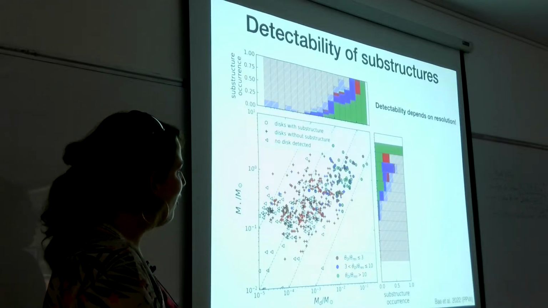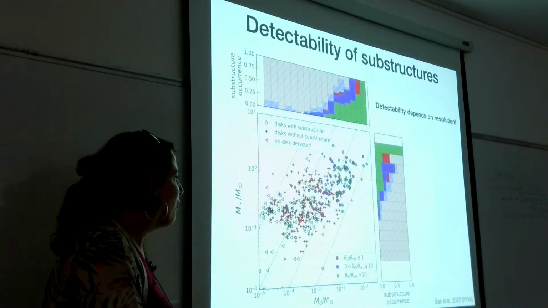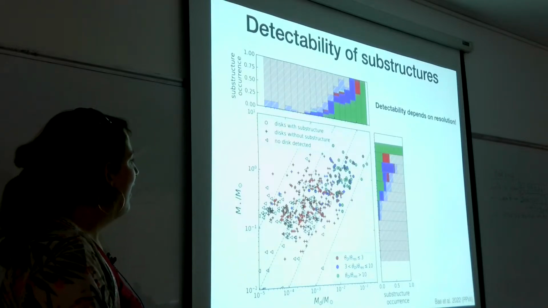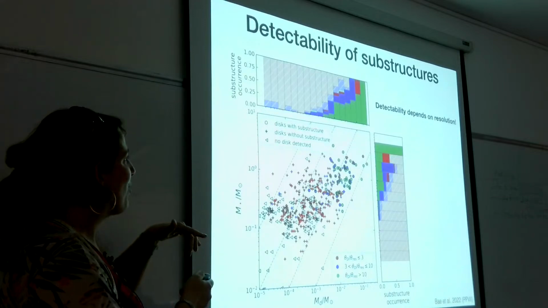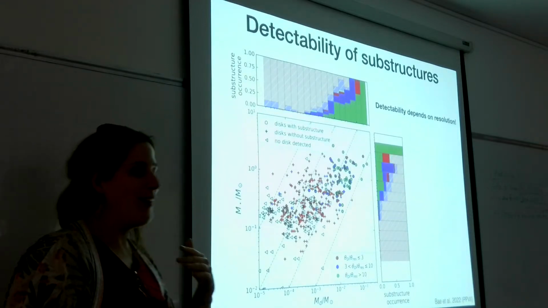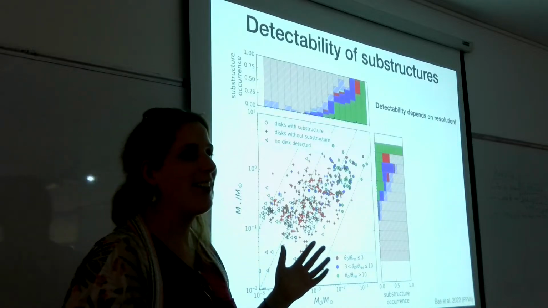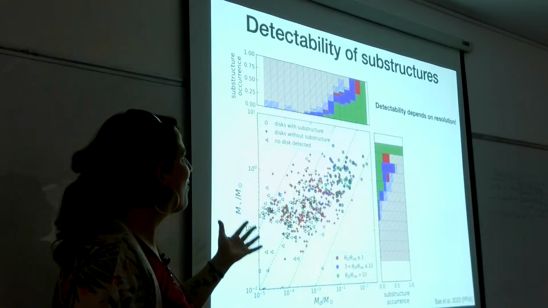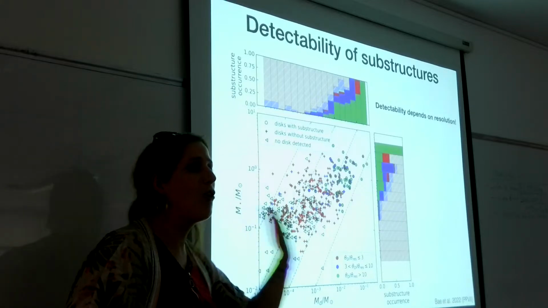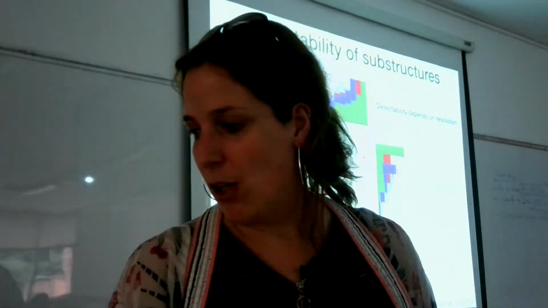You have somewhat resolved, the blue dots, and you have barely resolved, the red data points. And then they show this with substructure and without substructure. So they try to say something about how often substructure is detected, but they essentially conclude as well that the detectability depends so much on the resolution that it's really hard to say anything about statistics.